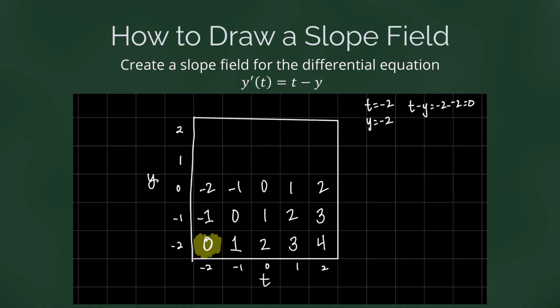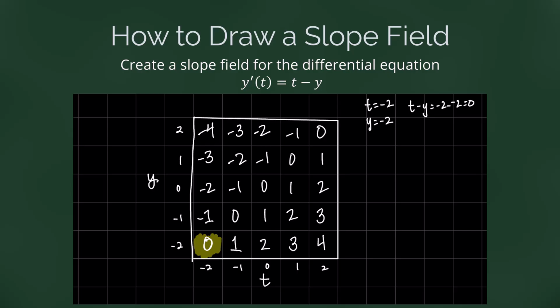Then -2 minus 1, -1 minus 1, 0 minus 1, 1 minus 1, and 2 minus 1. And last but not least, we have -2 minus 2, -1 minus 2, 0 minus 2, 1 minus 2, and 2 minus 2.